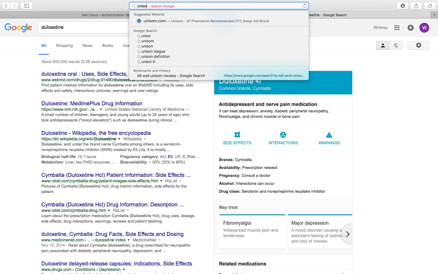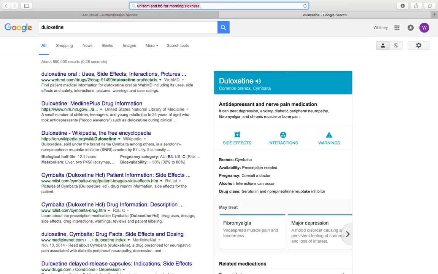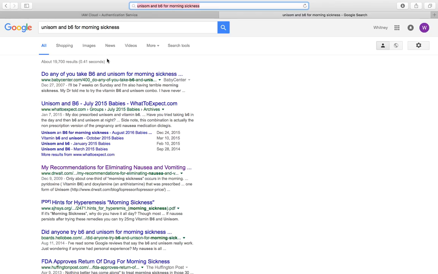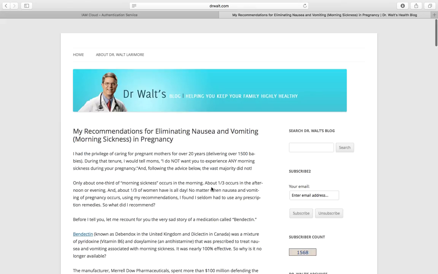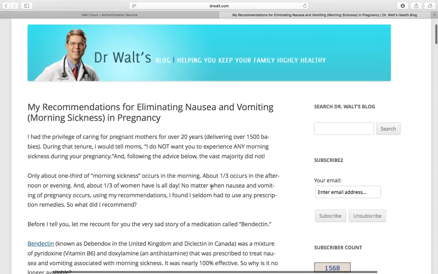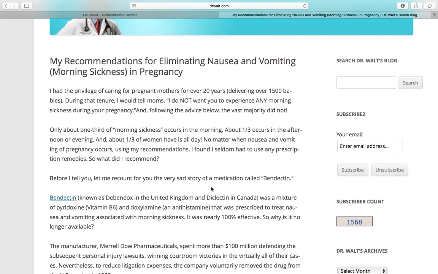So let's look at Unisom and B6 for morning sickness. Obviously, I've looked at this before at some point. So, doxylamine. Yeah, Cymbalta, no, not so much. Although there are some antidepressant medications that are safe in pregnancy. To be honest, I'm not sure what rating Cymbalta gets for pregnancy.